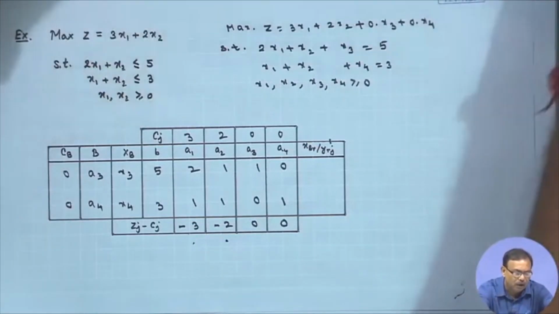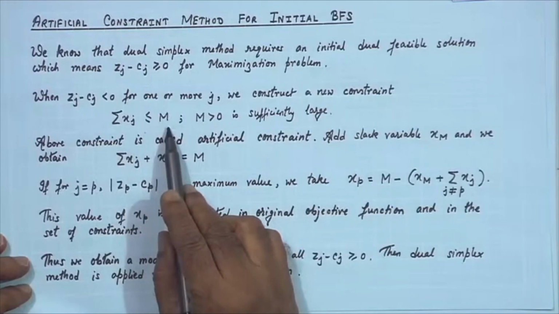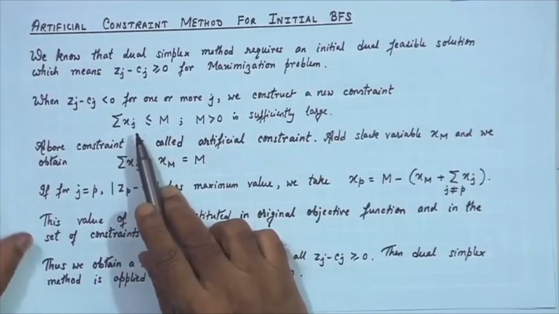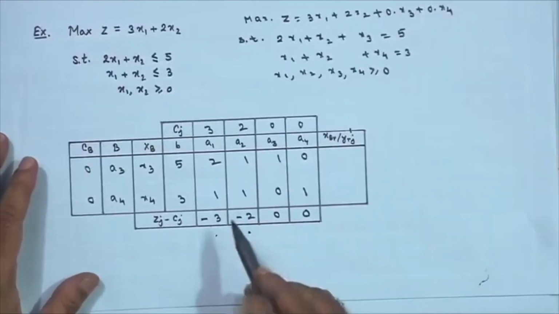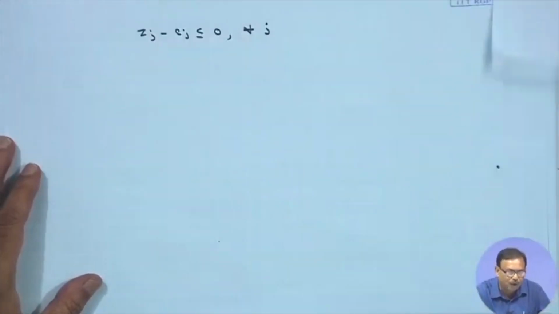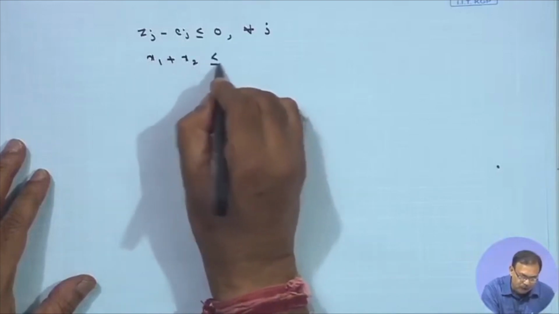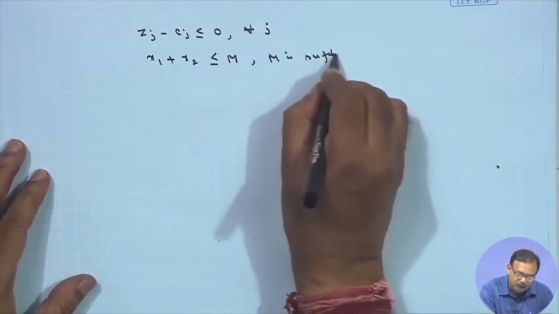So, if you remember the artificial constraint we wrote earlier, I will create a new constraint where the summation over x j should be less than equals M, and M is very large. What is the value of j here? I have told you j will be 1 and 2, because only for 1 and 2 you have negative values for z j minus c j. Therefore, your constraint will be x 1 plus x 2 less than equals capital M, where M is sufficiently large.